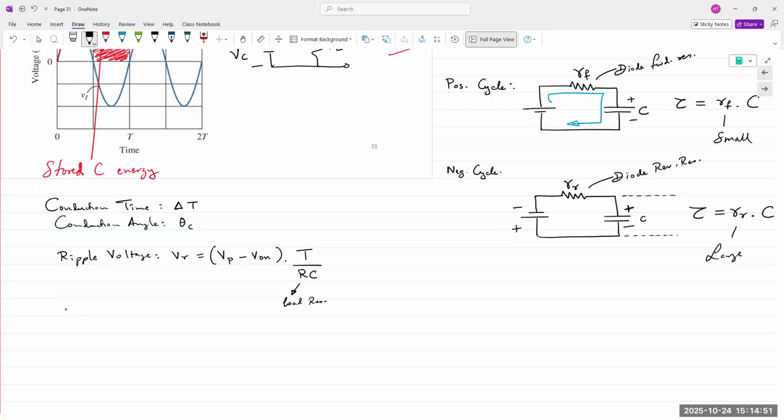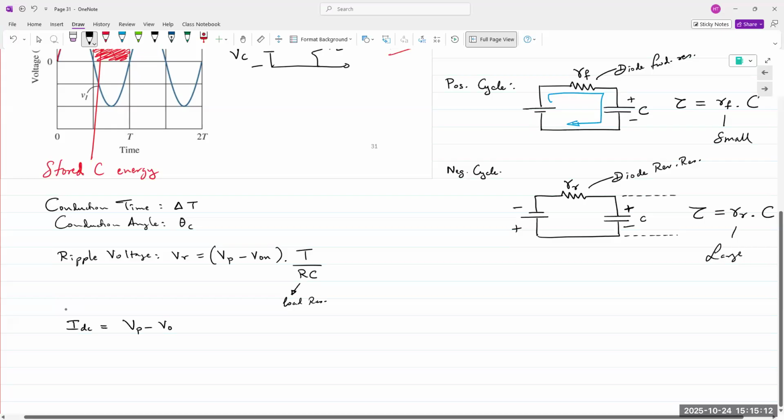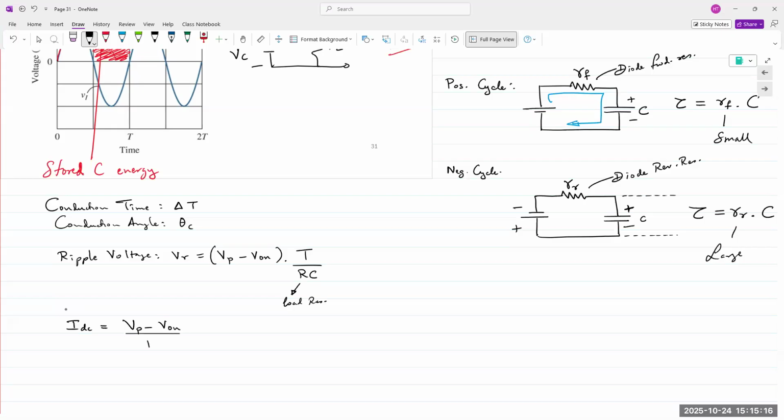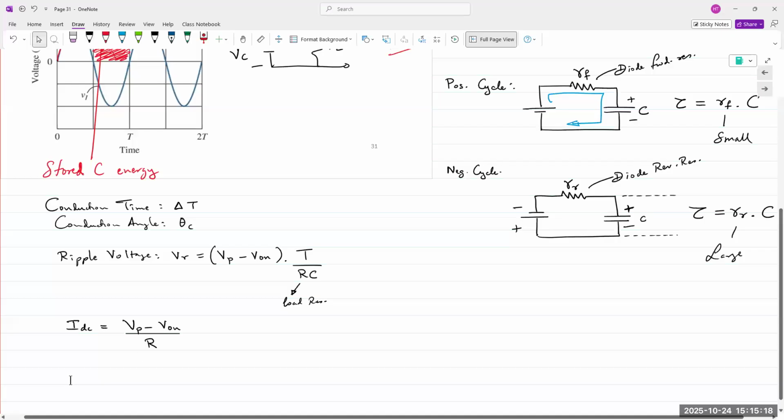All right. Then we have equations for the current that flows through there. Ohm's law, V equals IR. So the DC current would simply be the voltage divided by the resistance. The voltage in this case, of course, will take out some portion for the diode conduction. So it'd be Vp minus the on voltage for one diode divided by R. Again, that's straight from Ohm's law.